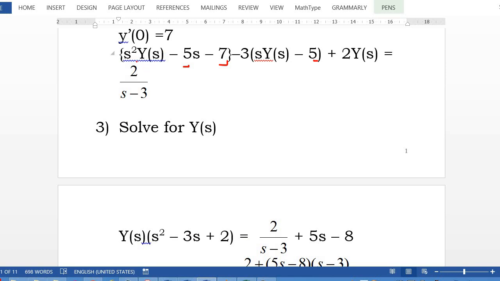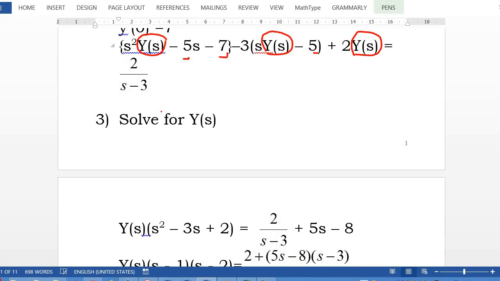On the left side, collect the Y(s) terms and factor out Y(s). The first term still has s squared, then negative 3s, then plus 2. The terms without Y(s) we bring to the right hand side.